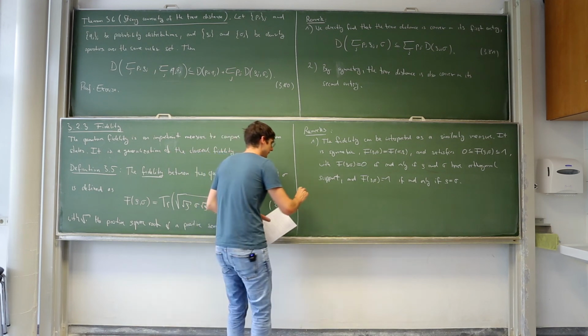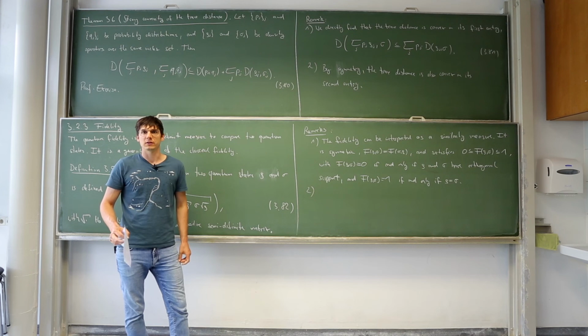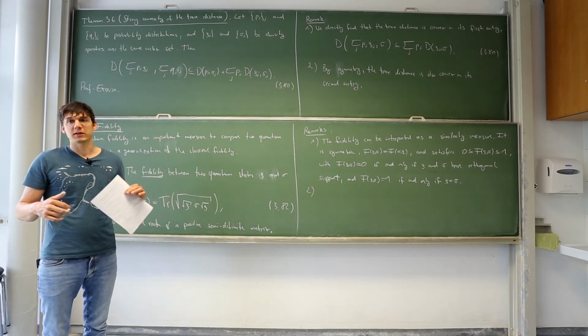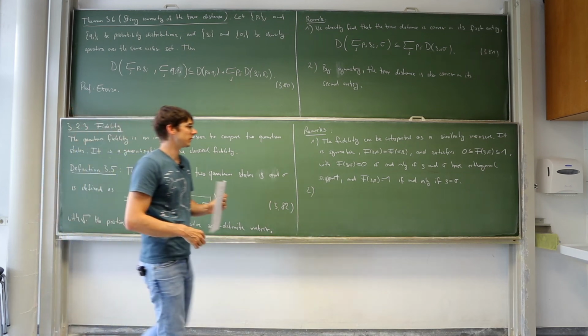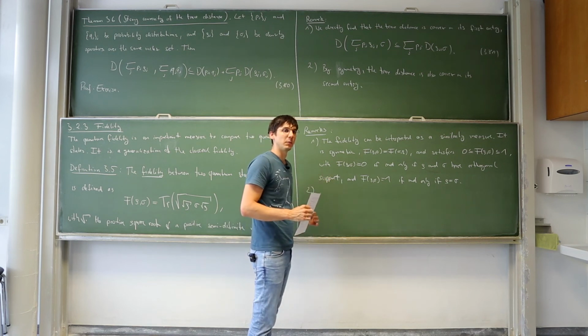Now, as a second remark, the fidelity is also invariant under unitary transformations. If we simply do a basis transformation, then the fidelity does not change. This is an important property for a measure with which we can compare states.